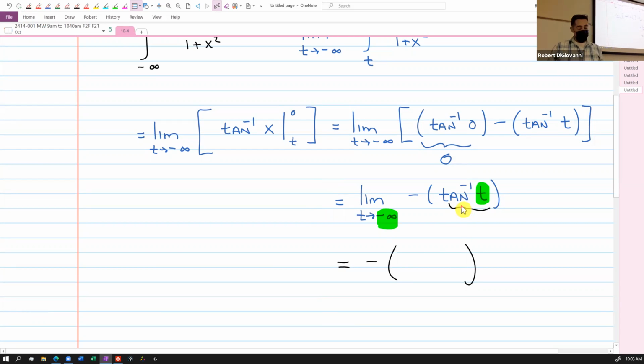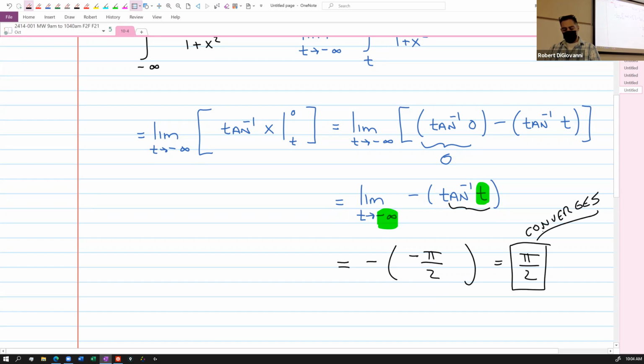Negative pi over 2. Another way of saying this is as we head to negative pi over 2, the tangent function heads to negative infinity. And so when you put those together, your answer is pi over 2. We have a finite answer, which means this converges.